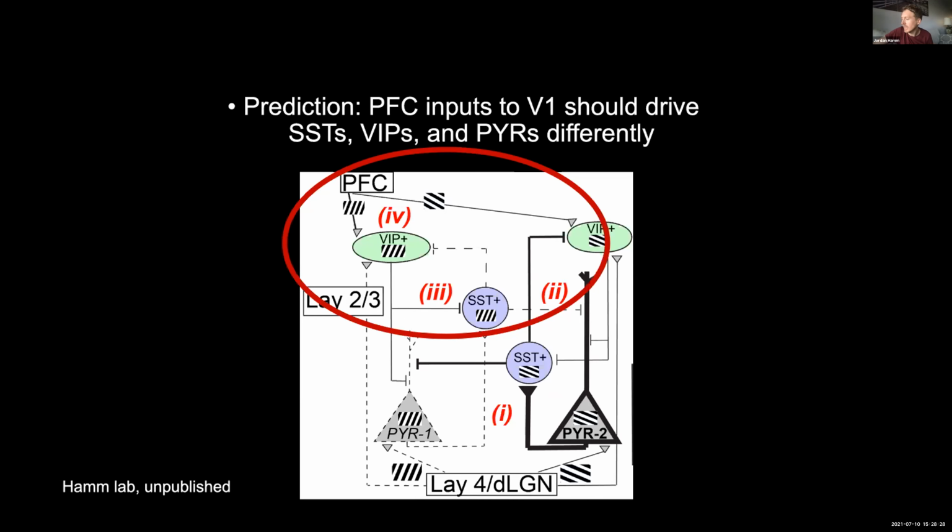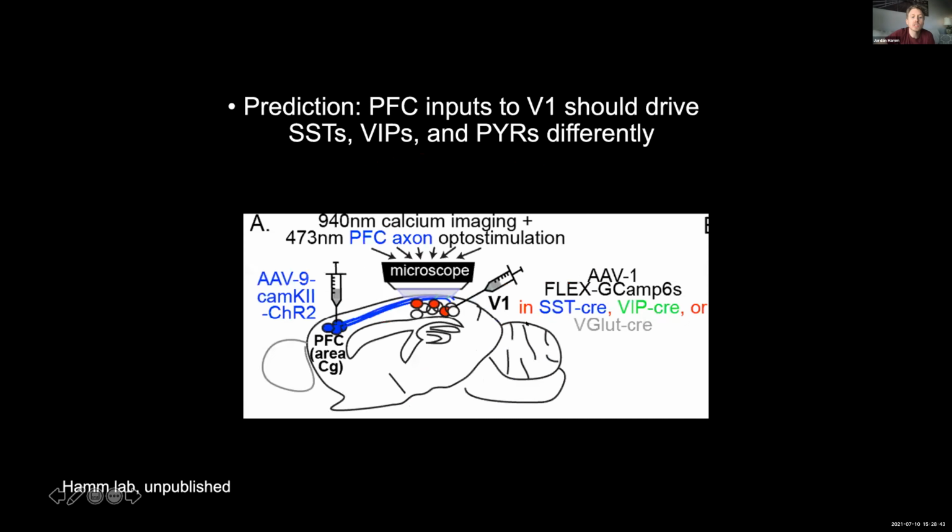So I just have a little more time, and I just want to say, which I think is the most exciting part of this. What we did is we sought to see whether driving PFC inputs to V1 would differentially activate these subtypes of cells. So here we imaged different interneurons, somatostatin neurons, VIPs, pyramidal cells, and we expressed excitatory optogenetics, channelrhodopsin, in PFC.